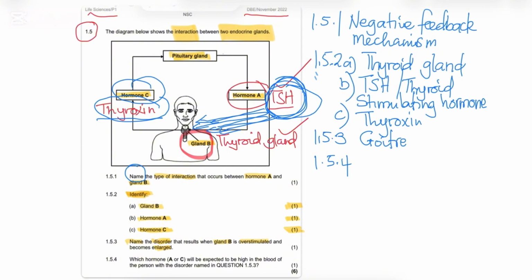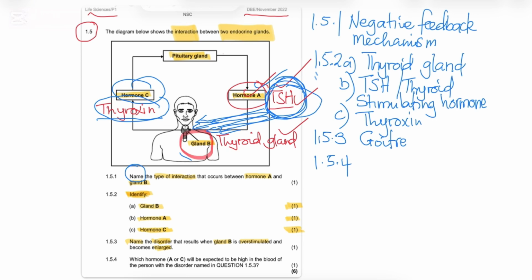Therefore, the hormone that is expected to be high if our thyroid gland is overstimulated is hormone A, which we identified as TSH.